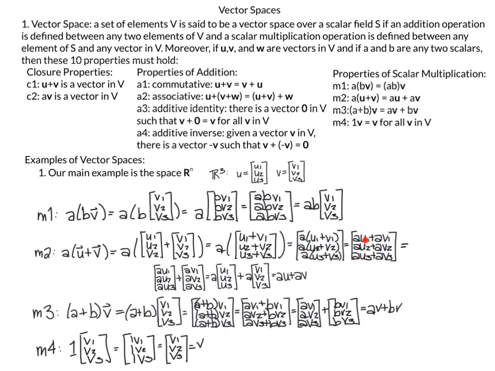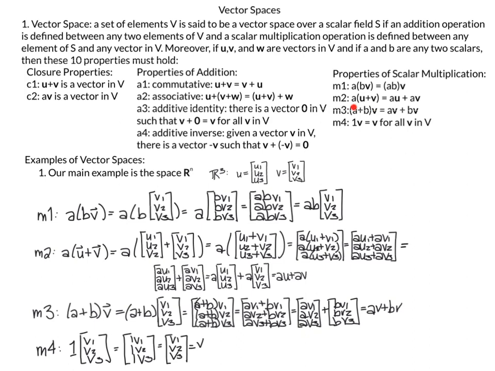So I have au1 plus av1, au2 plus av2, au3 plus av3, but now by the definition of vector addition, I can break these apart. So I can have au1, au2, au3, and av1, av2, av3, and that's just a times u and a times v. Okay, so that's my distribution.